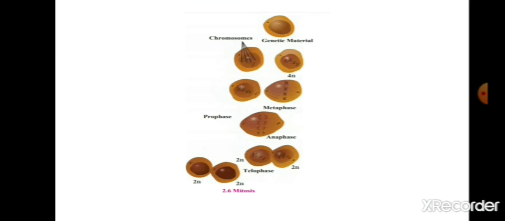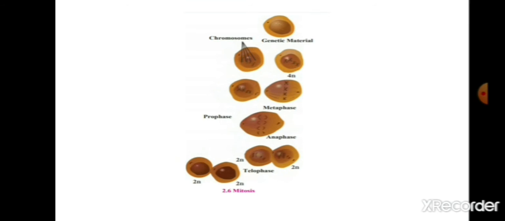In mitosis, we are going to see the stages of mitosis. There are 4 stages of mitosis: prophase, metaphase, anaphase and telophase. Somatic cells and stem cells divide by mitosis. Mitosis is completed through 2 main steps.